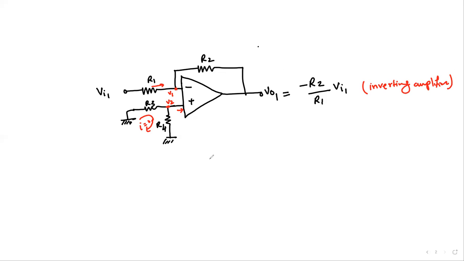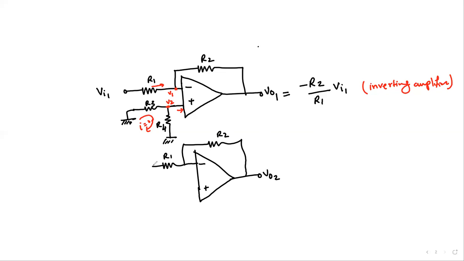Once that happens, we can go back to analyze the circuit again, where this time we deactivate the voltage source Vi1 and again reactivate the voltage source Vi2.